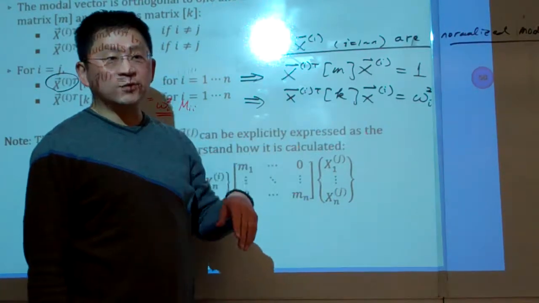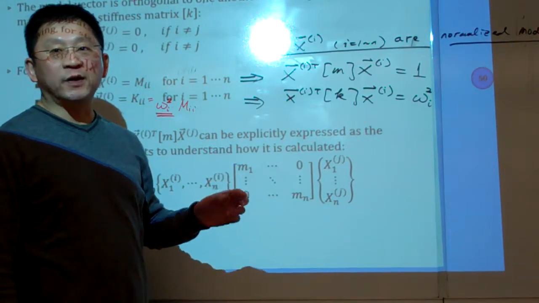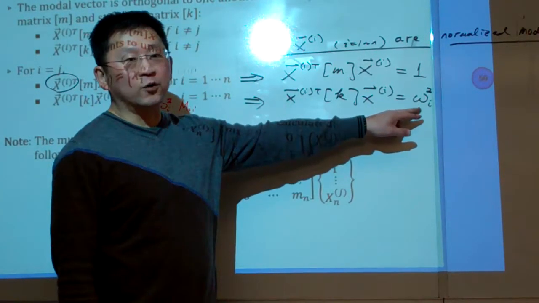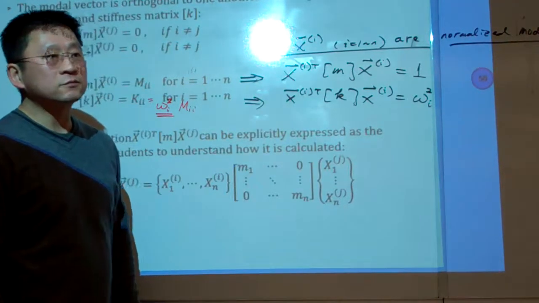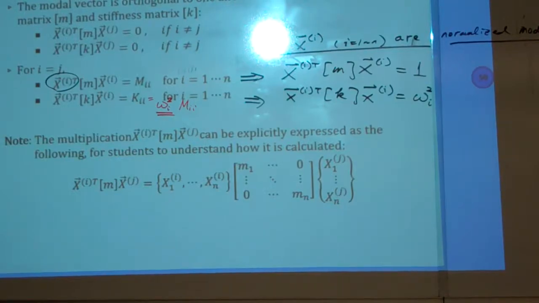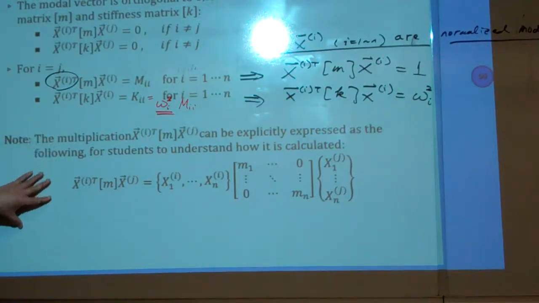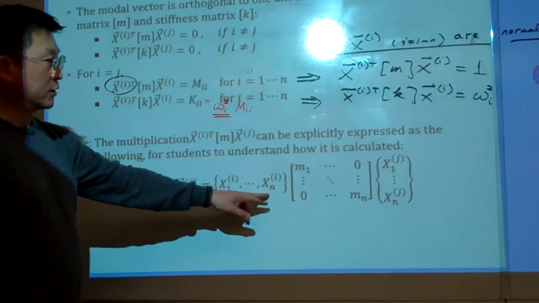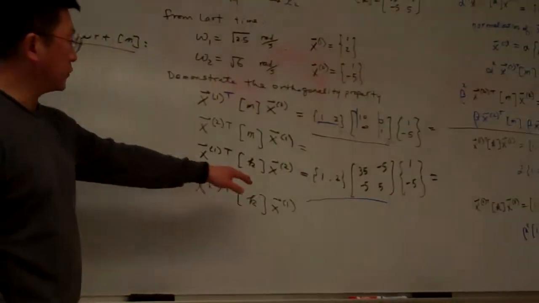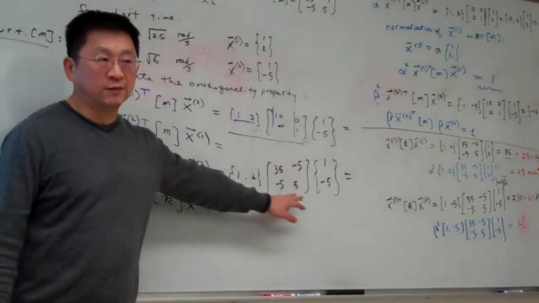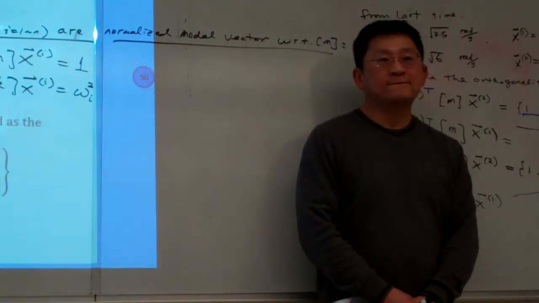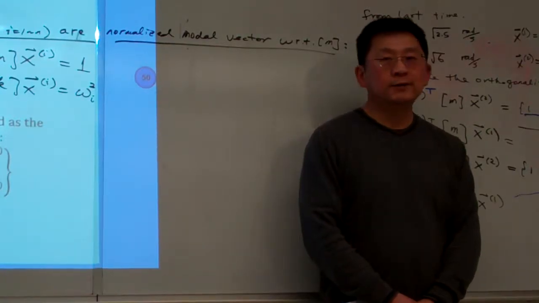As I explained, the common exercise is we normalize with respect to the M matrix, because here we get 1, and simply our eigenvalue omega squared appears here. This is simply a note on the detailed implementation for an n-dimensional matrix. That is simply what we did here for 2 by 2. Nothing special. We simply expand it like this. Good?